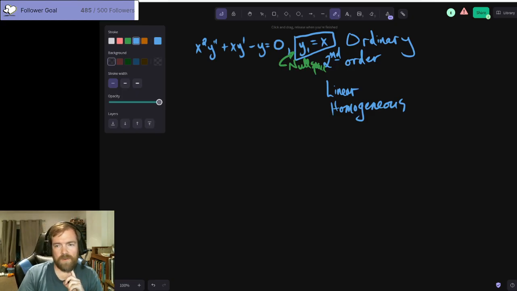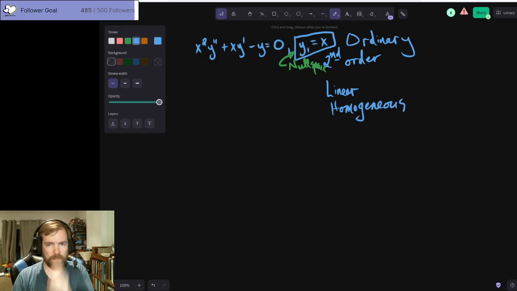All right, so given that it was an assertion that y1 is equal to x is a null space solution, what might you suggest? Maybe something like y2 equals xu?